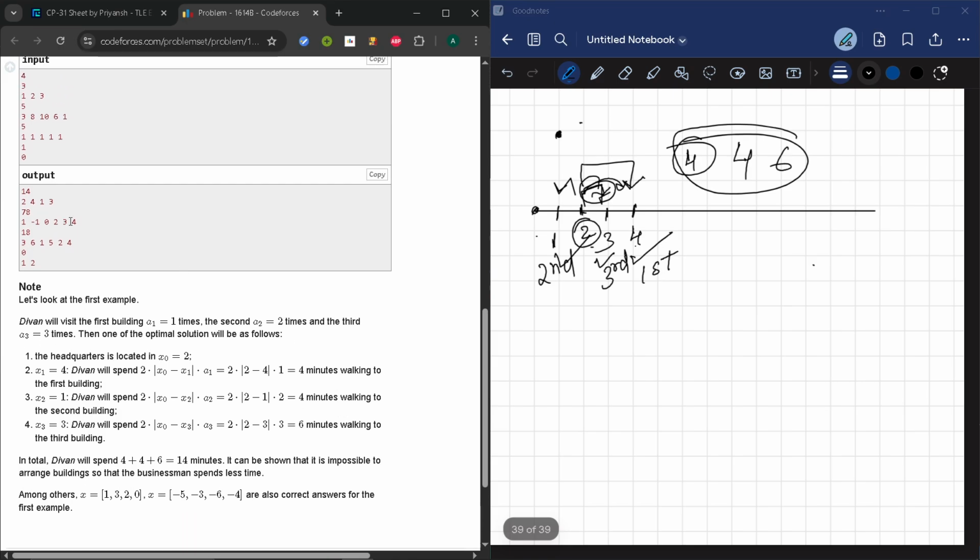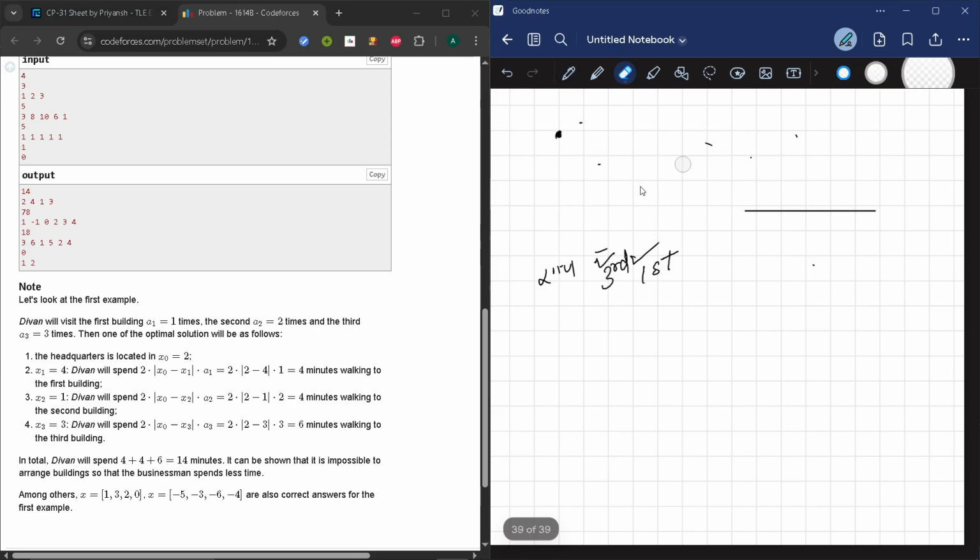Okay, if we work on the second test case, 78 is the minimum answer. You have to visit the ai building 8 times. What does this mean? In the first test case, you have to visit the second building.